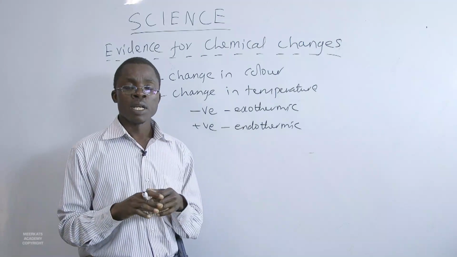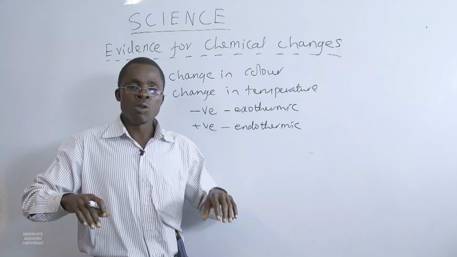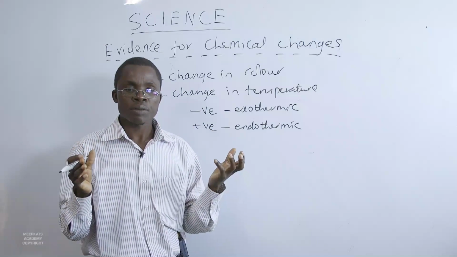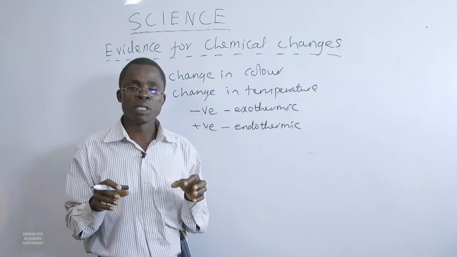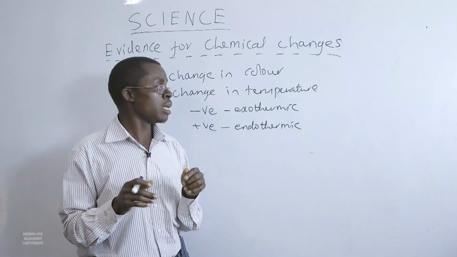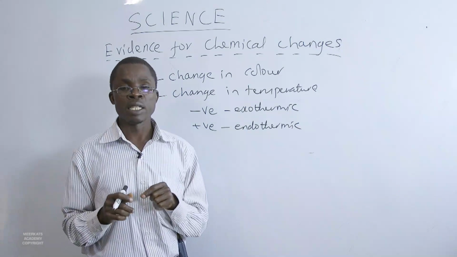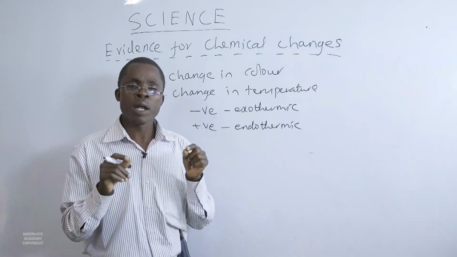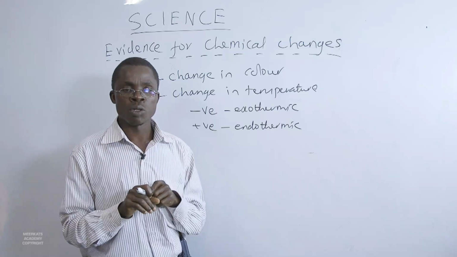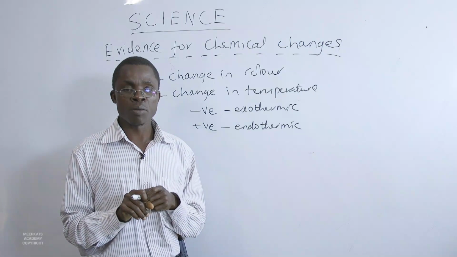Exo means the system is losing energy. And here we are talking about heat energy. The system is losing heat energy. But when it loses, where does the lost energy go to? It goes to the environment.